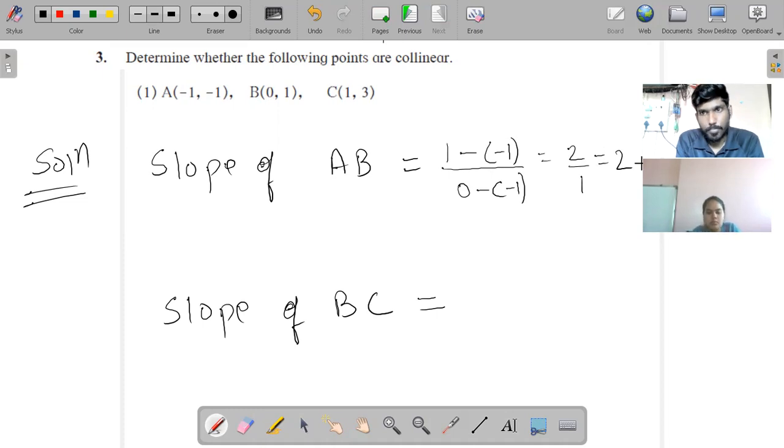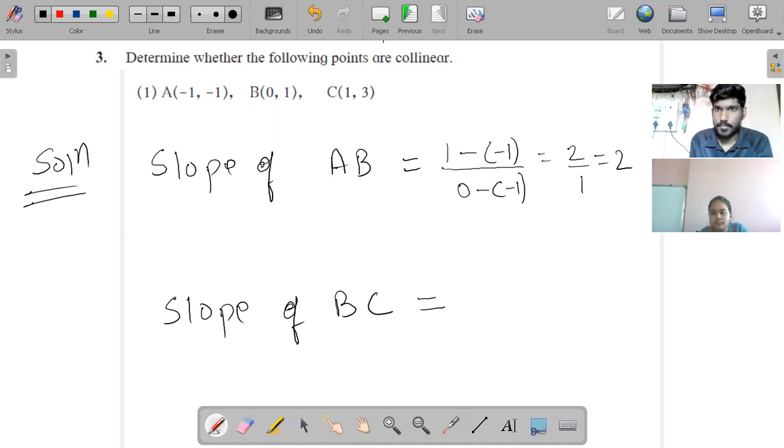Slope of AB is 2 upon 1. Okay, 2 upon 1 means 2, correct? In the same way, can you find it for BC?